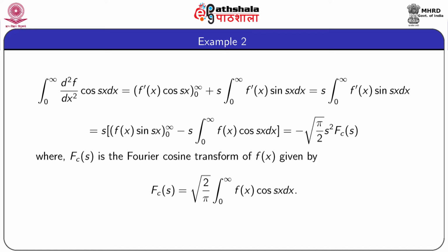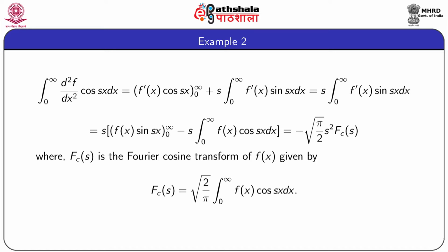So, for using cosine transform, f dash at x equal to 0 has to be prescribed, otherwise this cosine transform cannot be applied. Since the first term becomes 0, this integral becomes equal to s into integral from 0 to infinity f dash(x) sin(sx) dx.